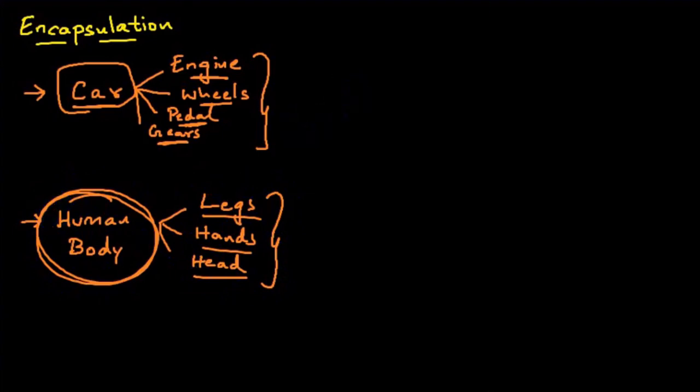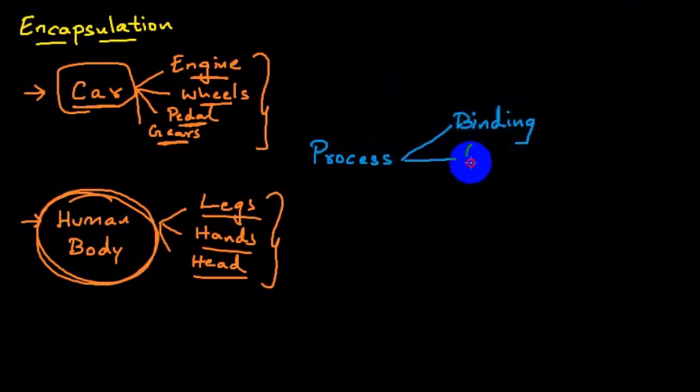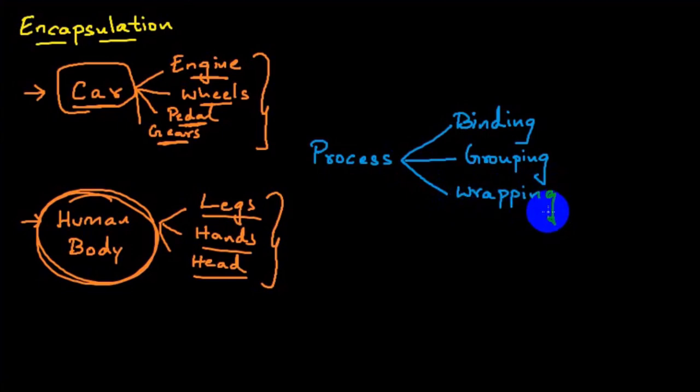So how do you define encapsulation in Java? Encapsulation is a process of binding. You can make use of the terminology binding, or grouping, or wrapping. Everything means the same. We are putting them together.